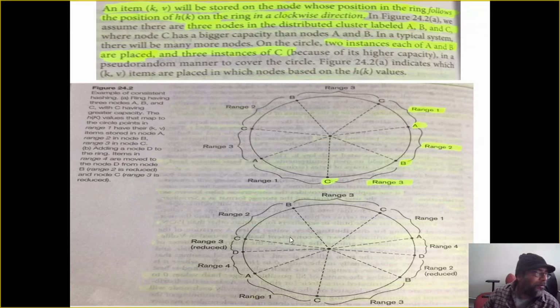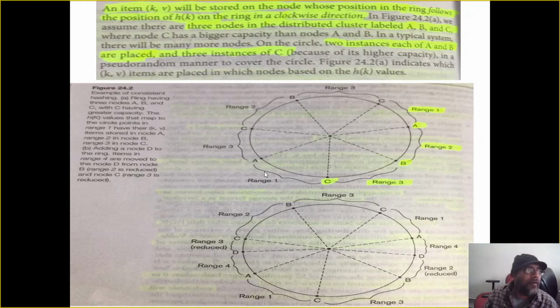When we say node A, we correspondingly define the range of values. If a key is falling in this range, then it will be stored on this node. So this is shown here: range 1 to node A, range 2 to node B, range 3 to node C. Similarly for node A, range 1 is shown here, and at some other place where node A is present, there will also be range 1.